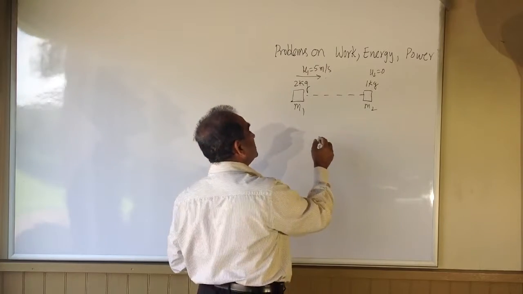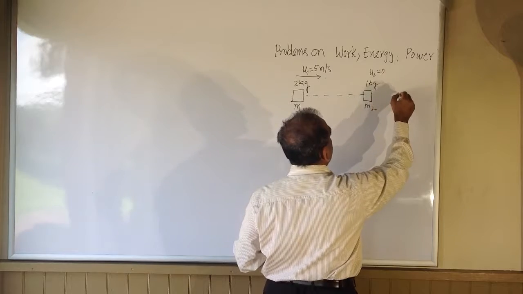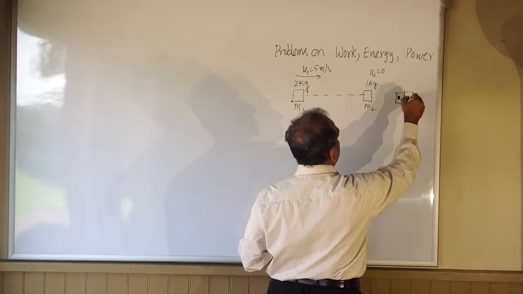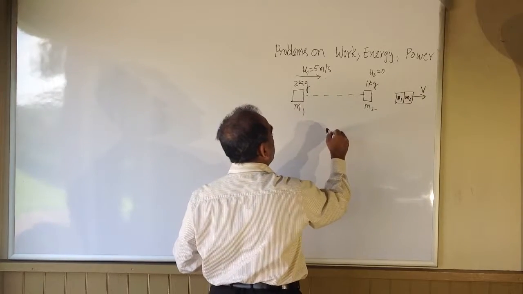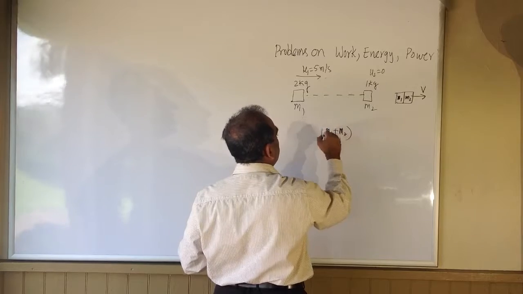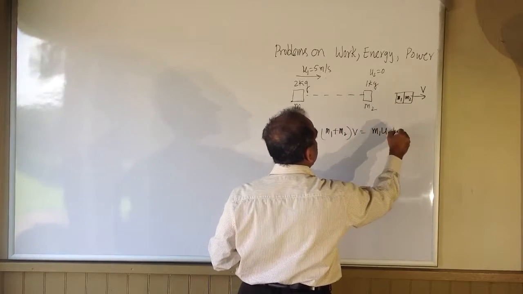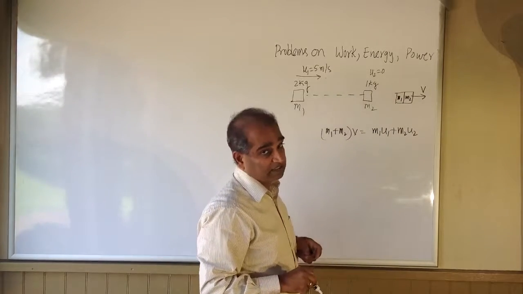After collision, let's say they stick together and move together. Then using conservation of momentum, if both m1 and m2 are moving together with a velocity v, then m1 plus m2 times v equals m1 u1 plus m2 u2, which we learned in conservation of momentum.